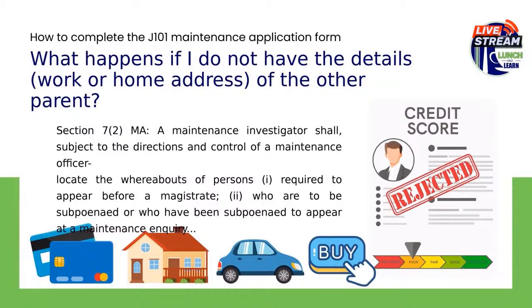Section 7.2 states that a maintenance investigator shall, subject to the directions and control or instructions of the maintenance officer, locate the whereabouts of persons required to appear before the magistrate or needs to be at a maintenance inquiry. The tools that the maintenance investigator has is basically access to a couple of databases and information systems like the ITC credit report.